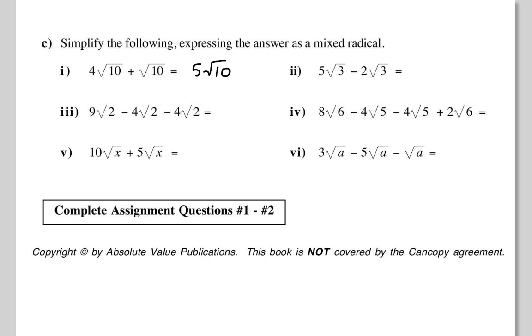Well, could we do this with subtraction? Let's think about 5 root 3s take away 2 root 3s. Altogether we have 3 root 3s. Good.